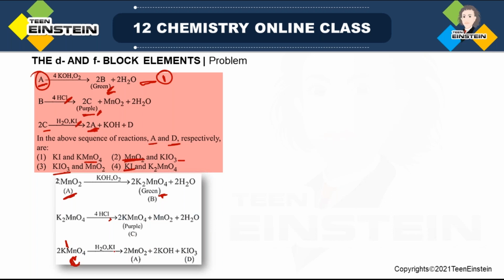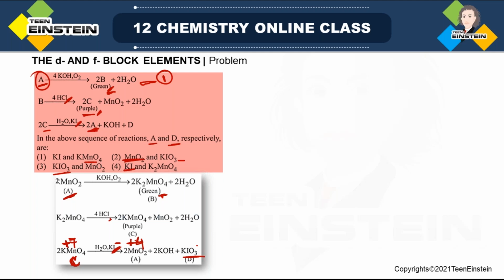So KI is acting as reducing agent. That is why from +7 oxidation state, it goes to +4 oxidation state. And the fate of I-, the iodide ion, is that it is converted to IO3-, where the oxidation state of iodine is +5. That means it has lost electrons.